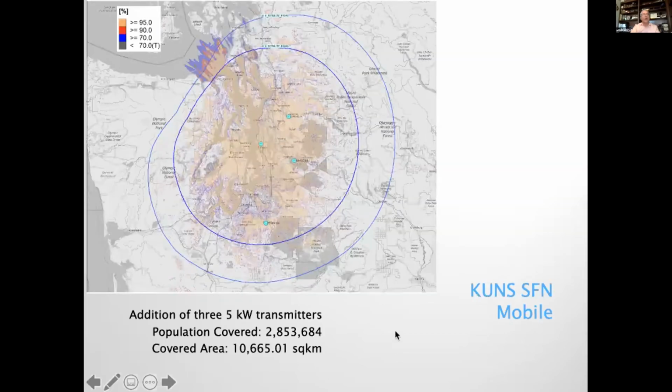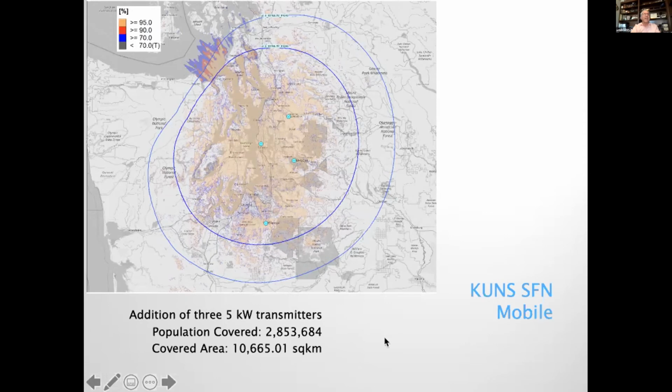Now, wow, look, we just added 3 5-kilowatt transmitters, and look what we have here. Now we have 2.8 population, and this is for mobile. And really, this is just those 3 5 kilowatts. That's what we did here. We have the one main and we have the 3.